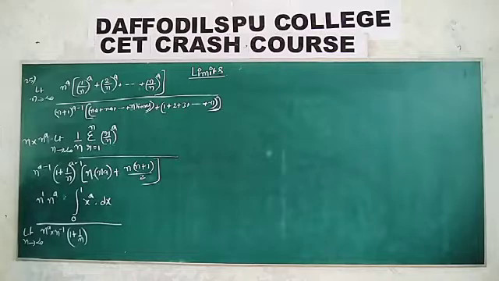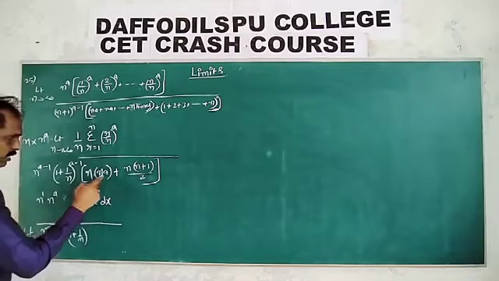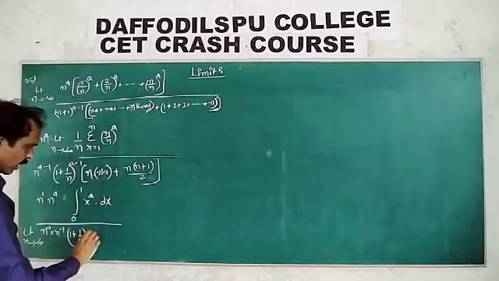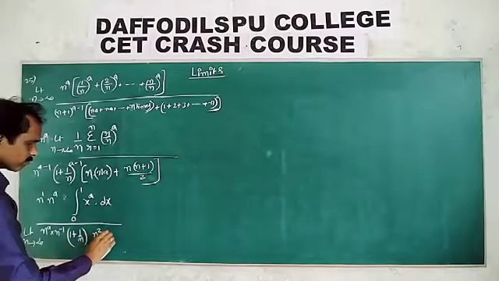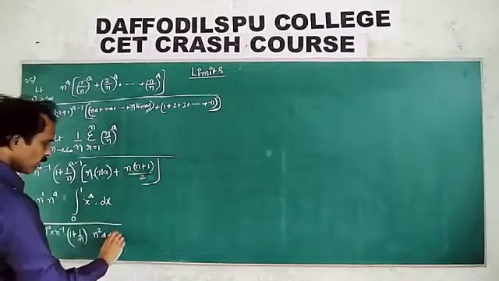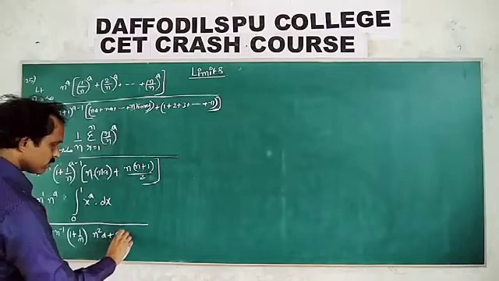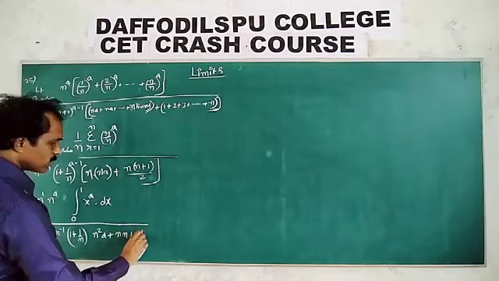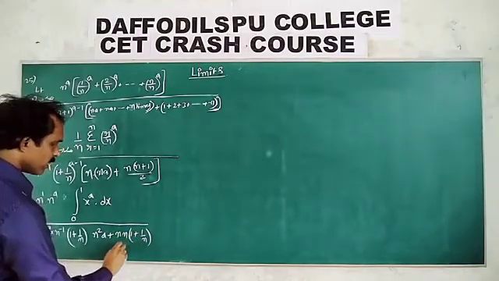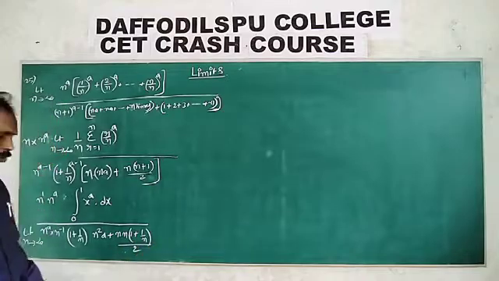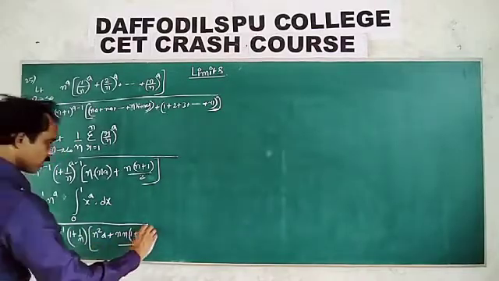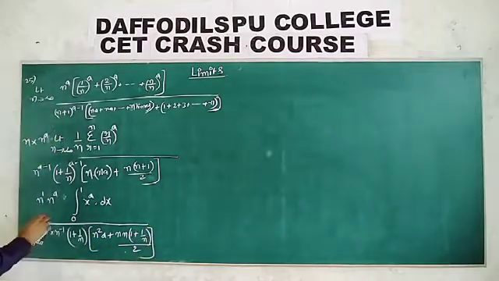For the denominator, limit n tends to infinity, and here n square. Here one more n will be taken common: n times (1 plus 1 by n) divided by 2. N^a cancels.